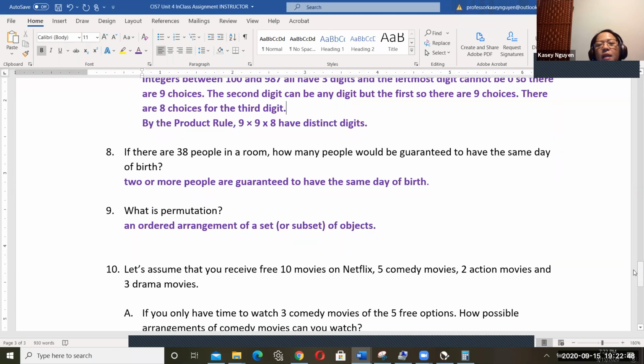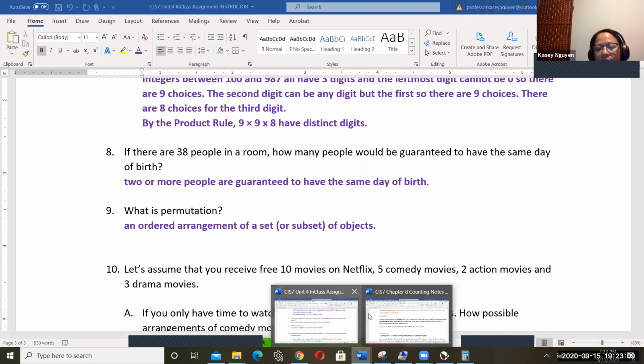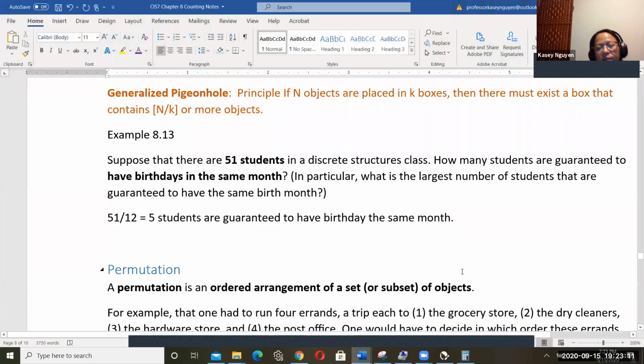So as long as you have more than 31, then you would have a guarantee of the same day in the month. Any question?